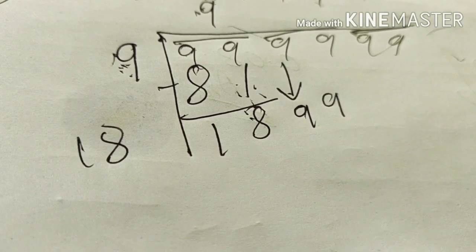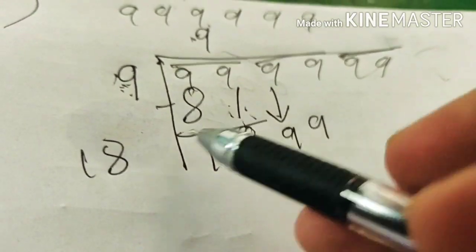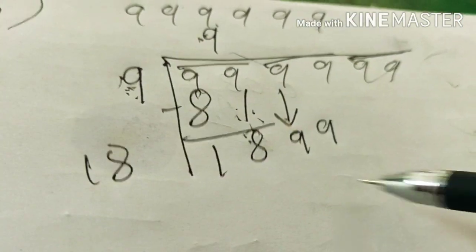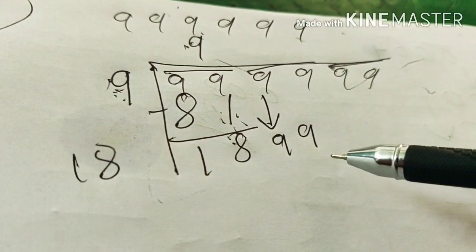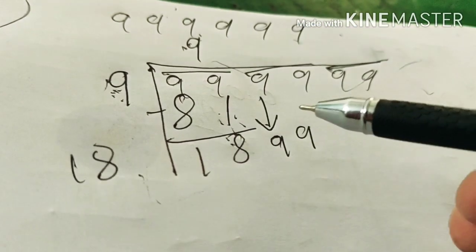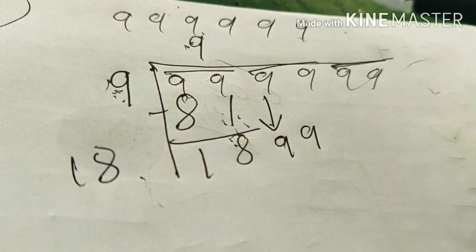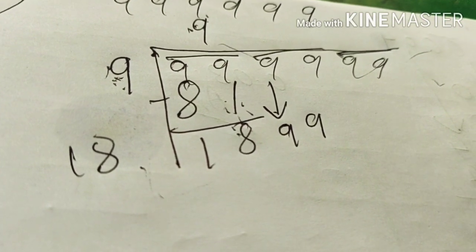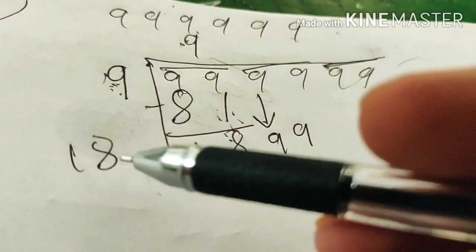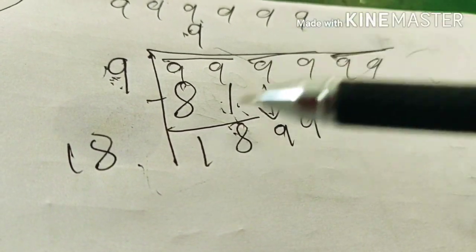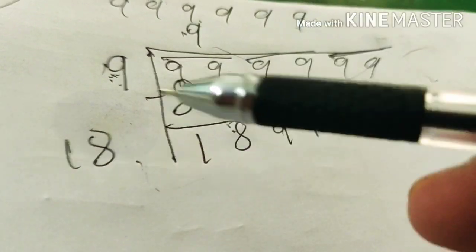Okay, so now what will we do? 180 into 0, 0. 181 into 1, 181. 182 into 2, 364. 183 into 3, 549. In the same way, 185 into 5, 187 into 7, 188 into 8, 189 into 9.